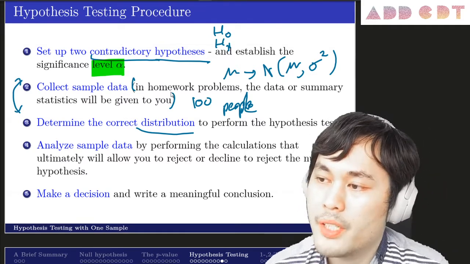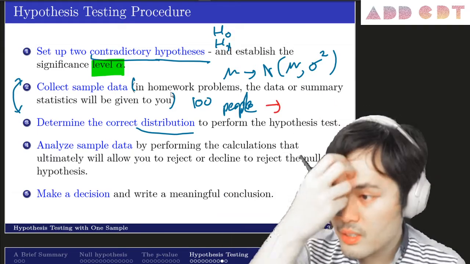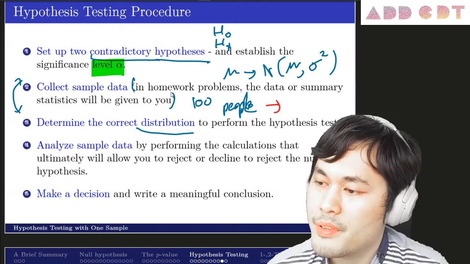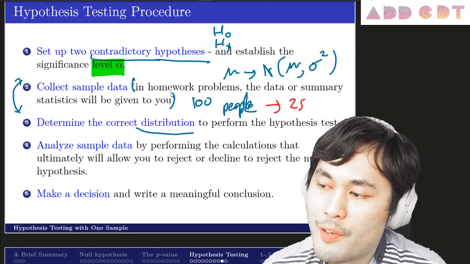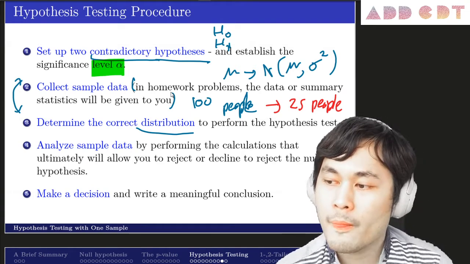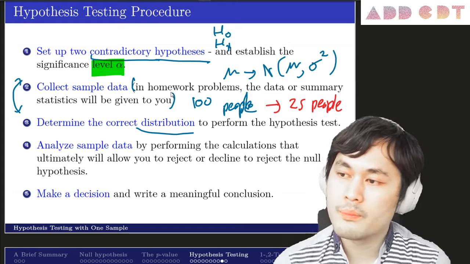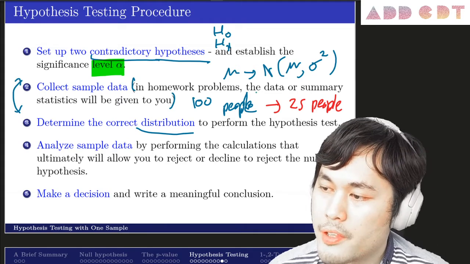But then for some reason you don't have enough time, because of COVID or any random scenario, and you only get 25 people. And since 25 is too low, the size is too small, you can no longer assume that.